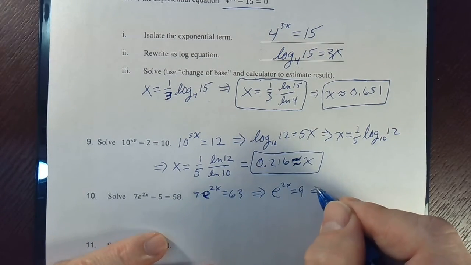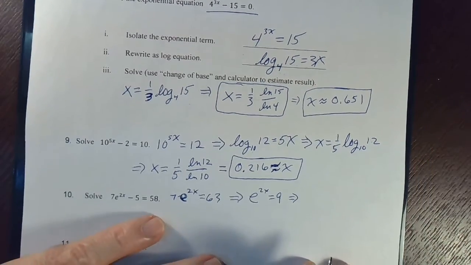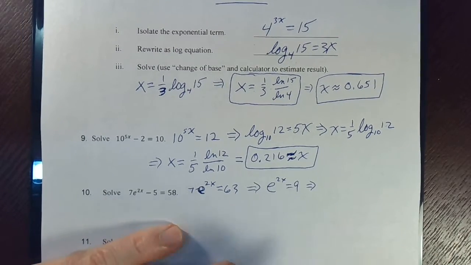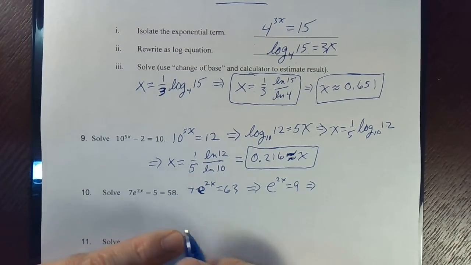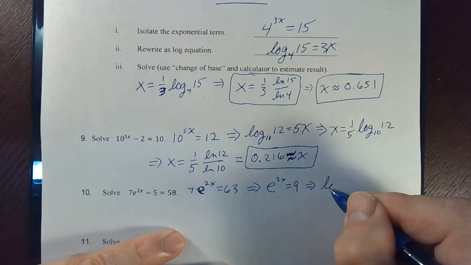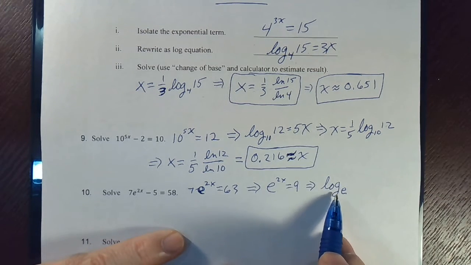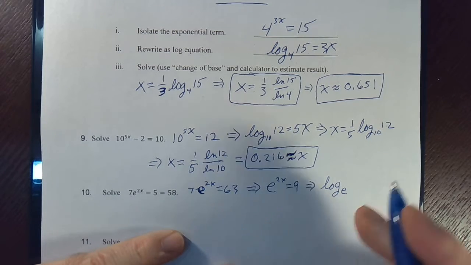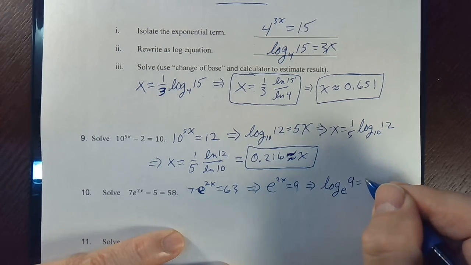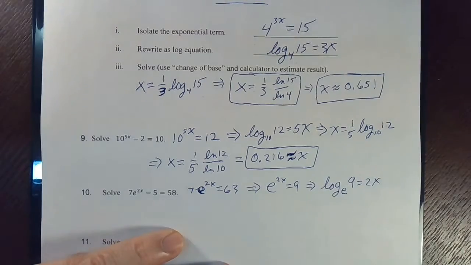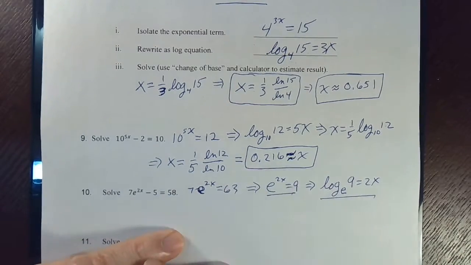Now let's write that like a log equation, because that'll bring the 2x down. So I could say log base e, which I'm eventually going to write as natural log ln, of 9 equals 2x. So this is equivalent to this.